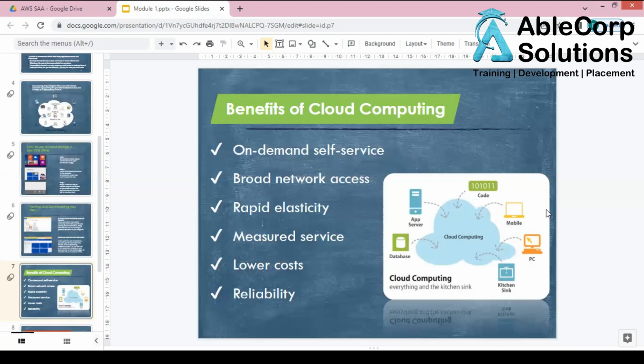Rapid elasticity means, for example, if I talk about an example in India, there was a huge update in the taxation website, and TCS was the organization which updated the things on that website. They thought that only 50,000 users would be accessing that website in the initial phase.